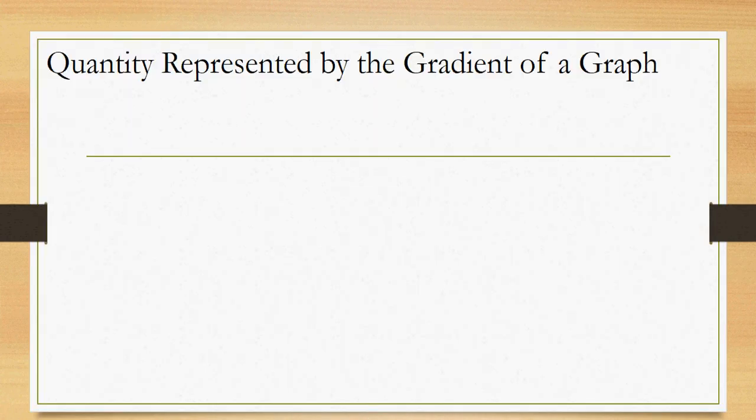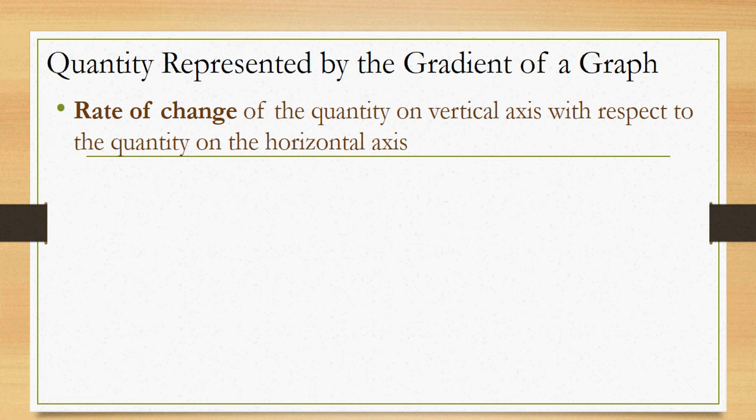Okay, the quantity represented by the gradient of a graph is the rate of change of the quantity on the vertical axis with respect to the quantity on the horizontal axis.